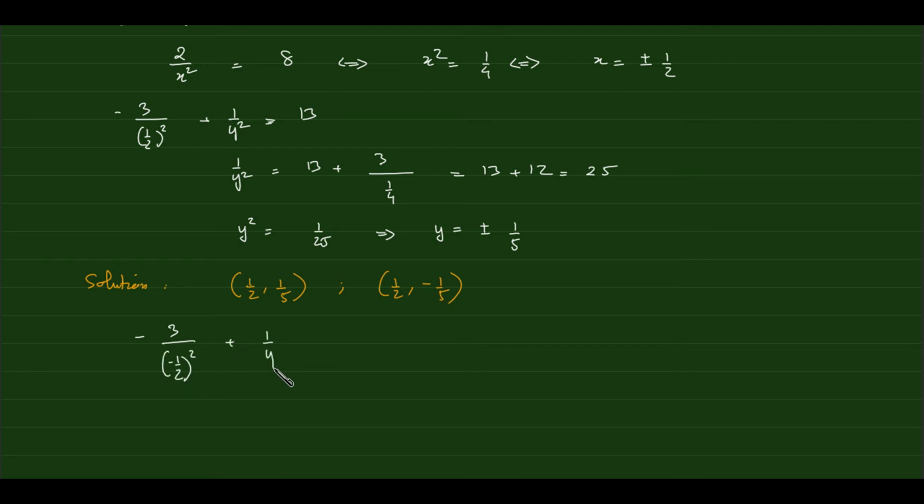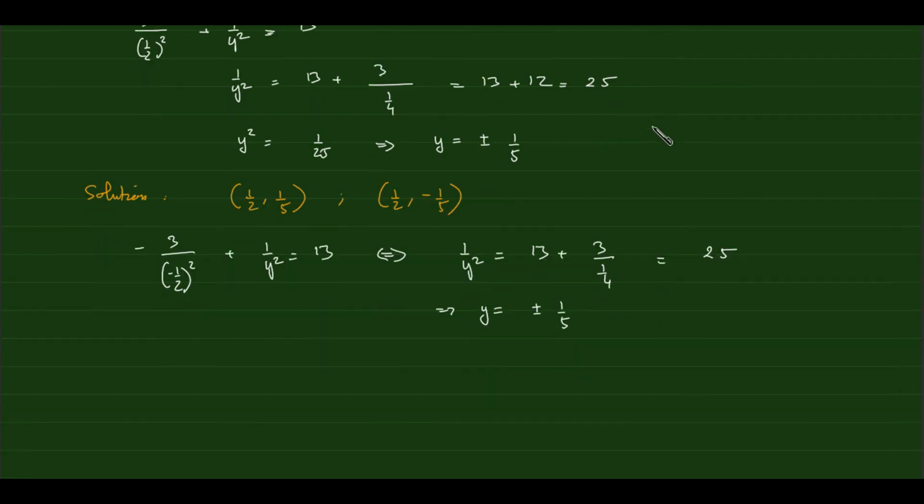plus 1 over y squared equal 13. So 1 over y squared equals 13 plus 3 over 1 over 4, right? Which is also 25. So over here y is also plus minus 1 over 5. So what is going on?